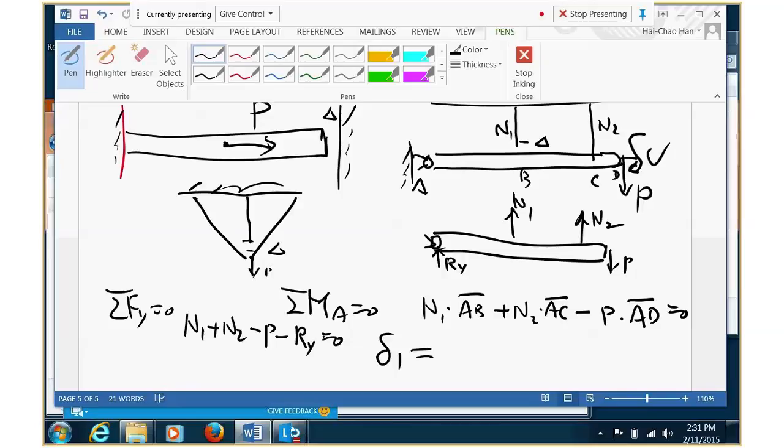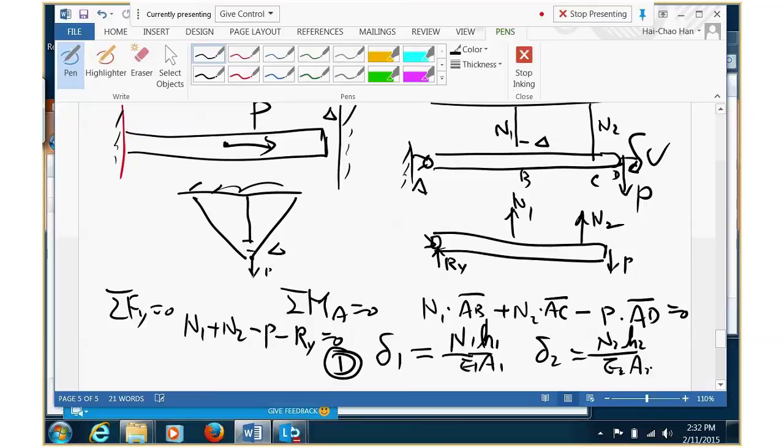All right, so the deformation. What's the delta 1? I think we already went through an example similar to this, right? N1, H1, then EA. Or maybe this will be different. And then delta 2 will be N2, H2, E2, A2. Now, what's the compatibility?